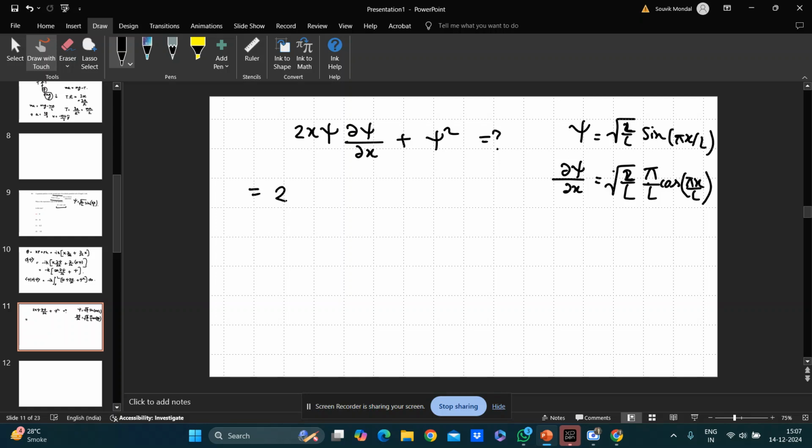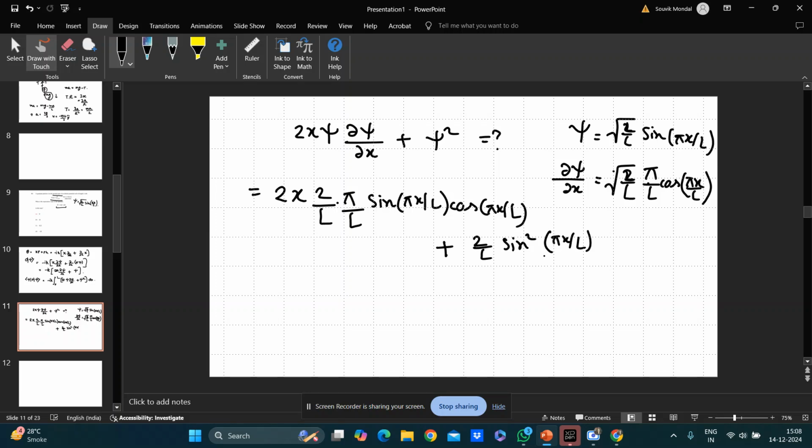So you will get 2x into 2 by L into pi by L into sine pi x by L cos pi x by L plus phi square. Phi square is 2 by L sine square pi x by L. Okay, now let us simplify a little bit.